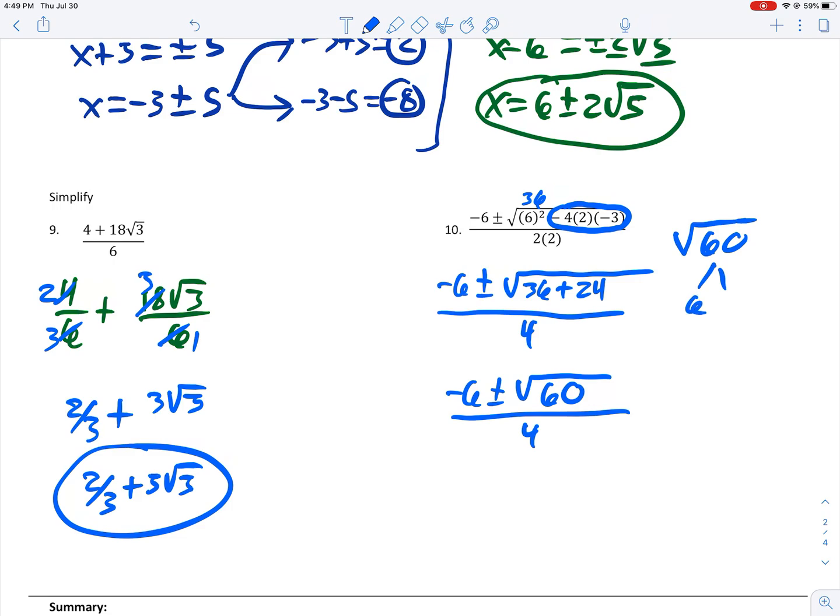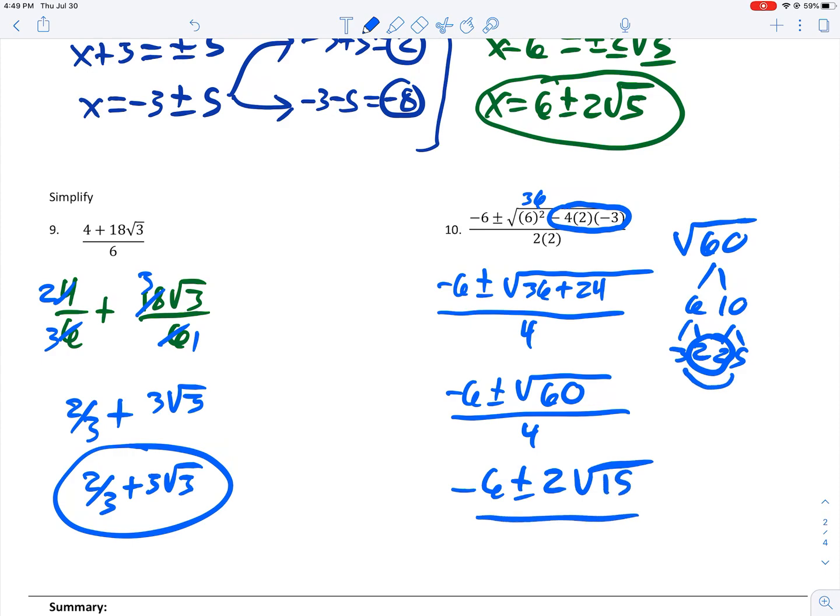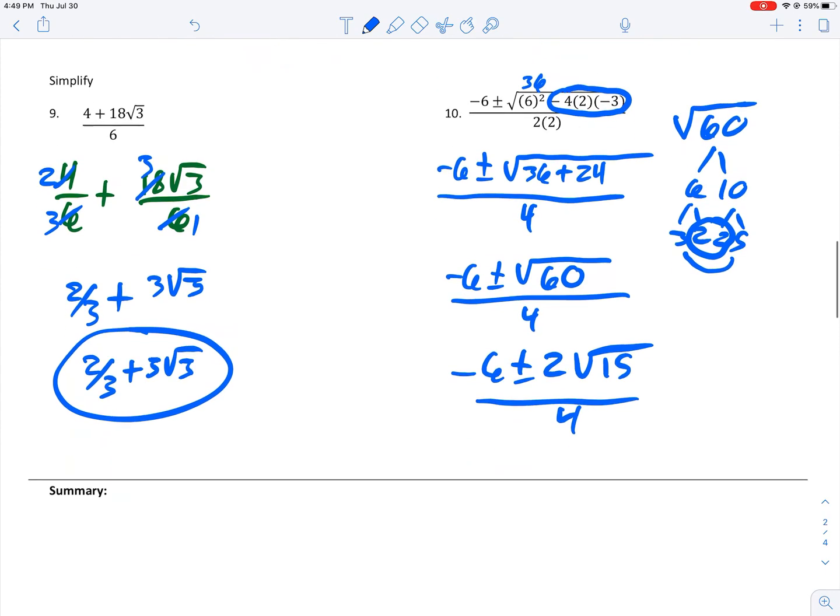Well, root 60 can be simplified. Okay, so we have 6 and 10. We have 3 and 2. 2 and 5. So I can take out a 2. What's left is the 5 and the 3 all over 4. So now it looks almost identical to number 9.